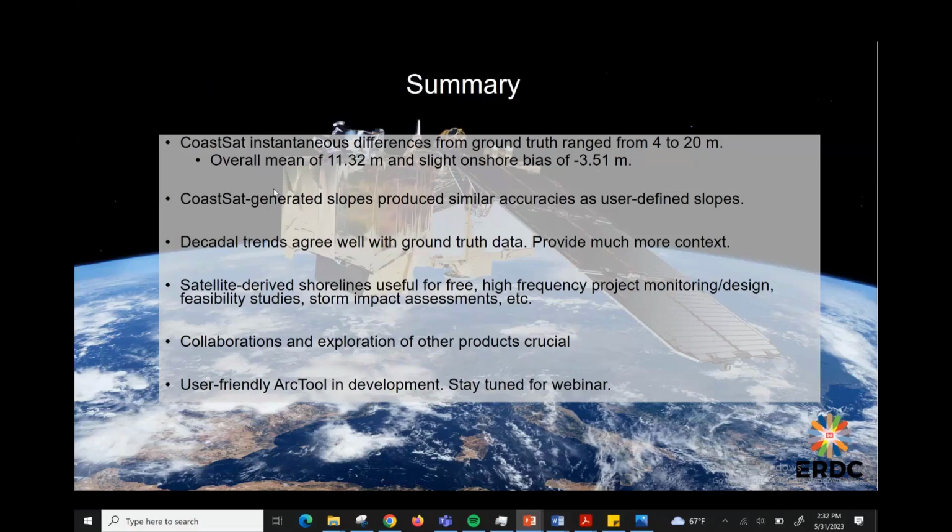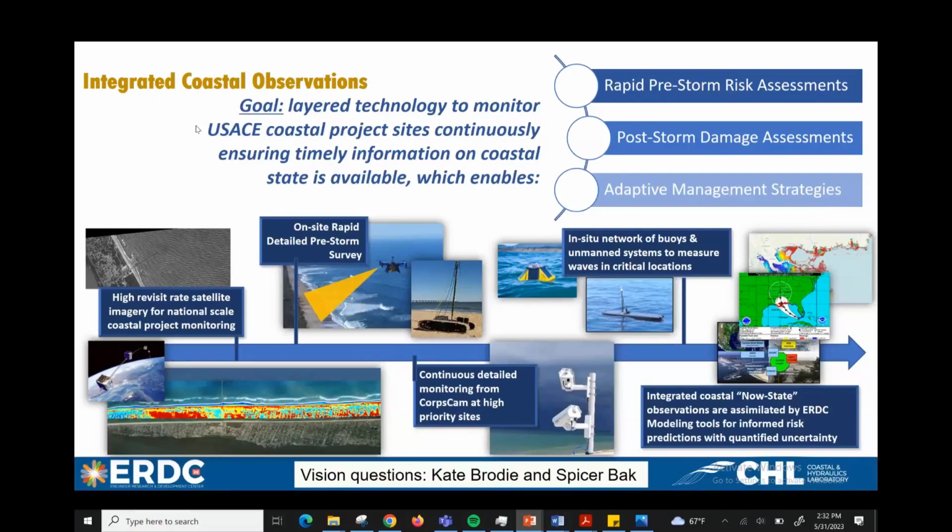And just a couple more slides before we finish up. Switching gears once again, but this is thanks to Kate and Spicer for providing this slide here.